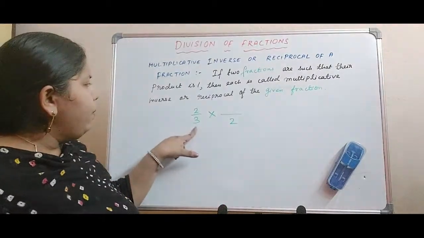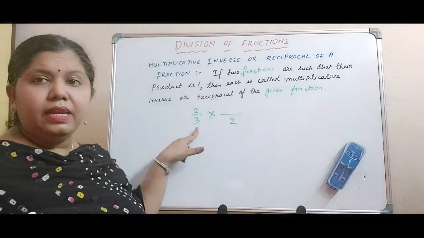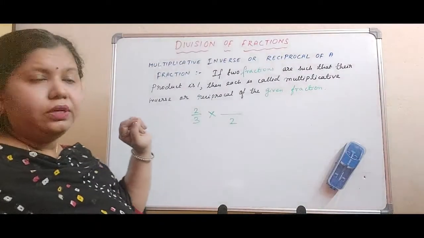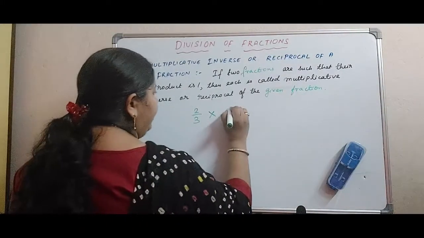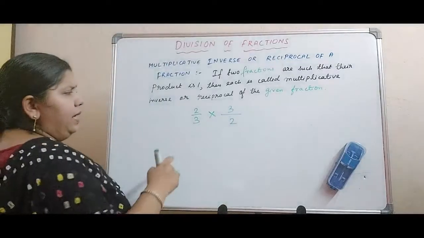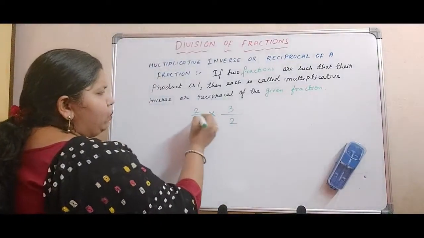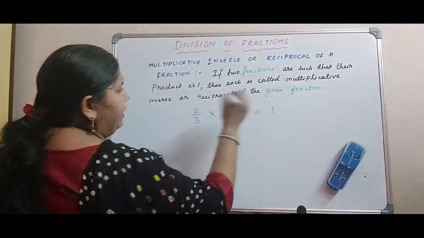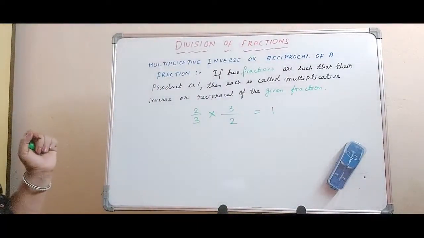Similarly, the denominator of the first fraction, that is 3, can get cancelled out with the numerator of the second fraction. So the numerator has to be 3. Now you can see, if I multiply, this 2 and 2 get cancelled out, this 3 and 3 cancel out, and finally we get the answer as 1.